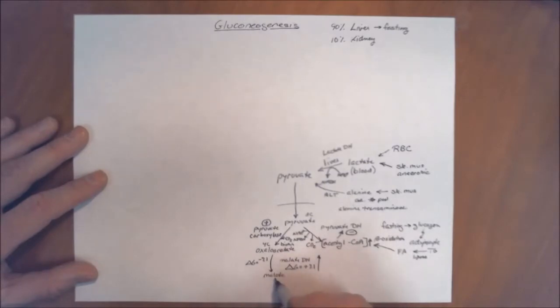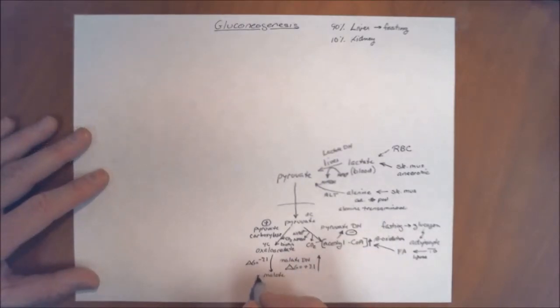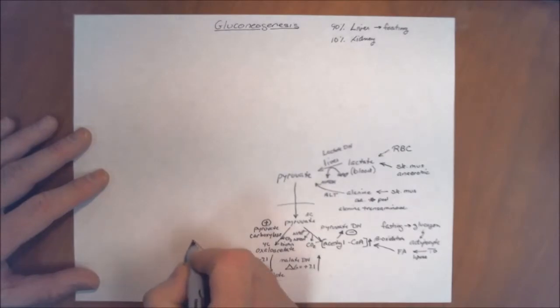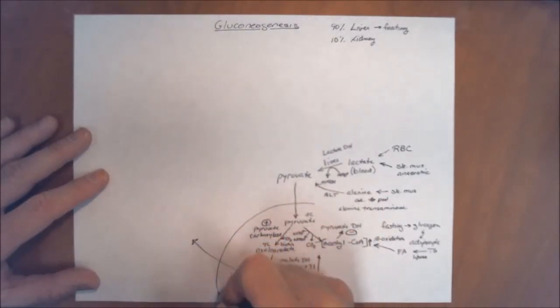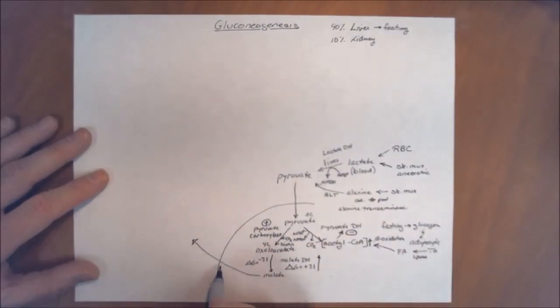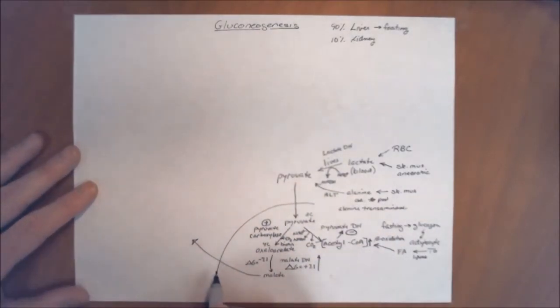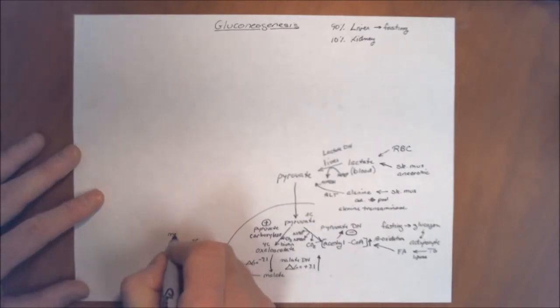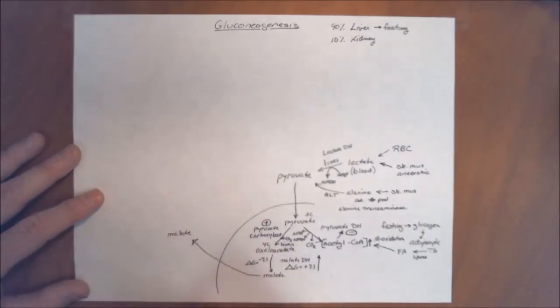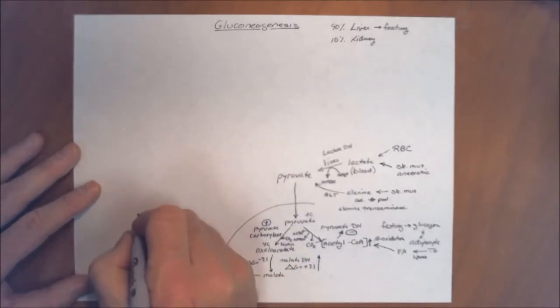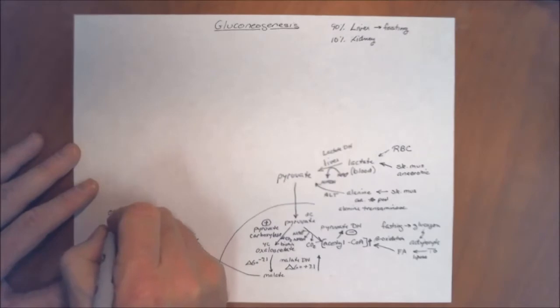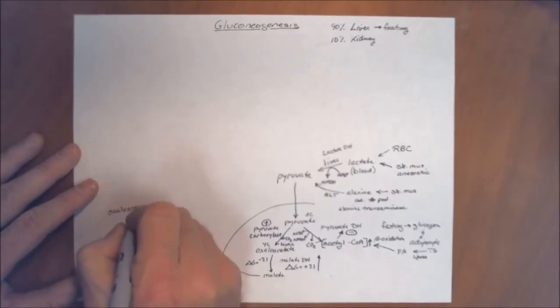Now, once we form malate in this reaction, the malate is then going to exit the mitochondria. We'll talk a little bit more about this malate shuttle in a later video. But for now, let's talk about malate entering the cytoplasm. The first reaction is conversion of malate back to oxaloacetate.